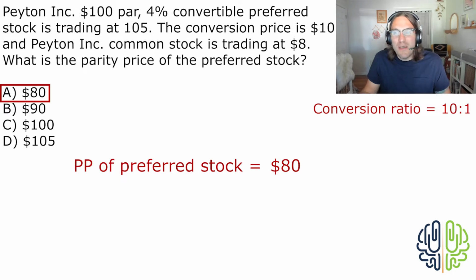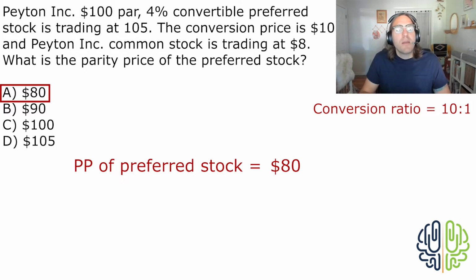This is really no different than maybe some of the math you've done when you go shopping. What if you really like a shirt and you find a 10 pack of them? Well, if you think that each shirt is worth $8, then the pack to you is worth $80. We're not doing anything differently here. So of course, our answer is A, $80. That is the parity price of the preferred stock.